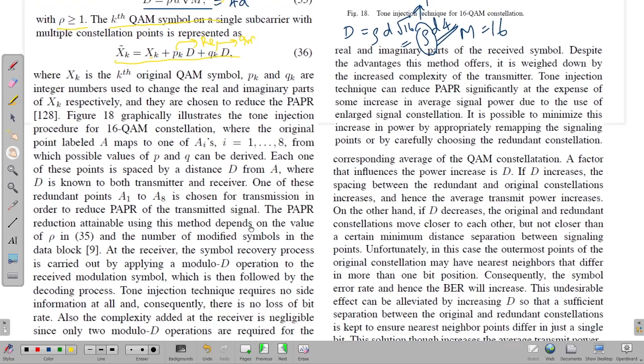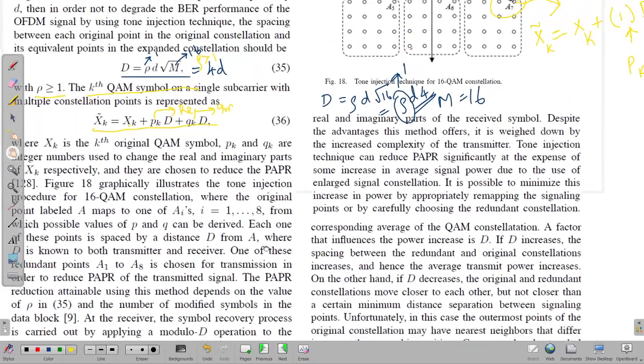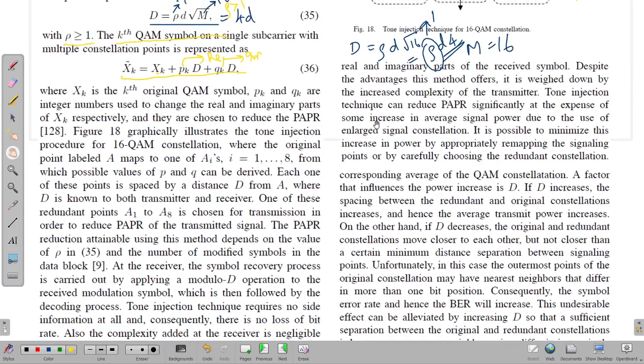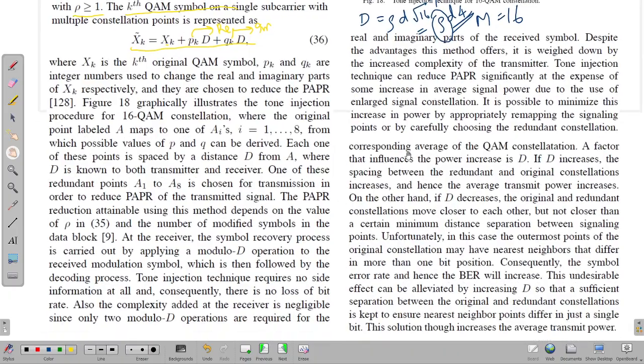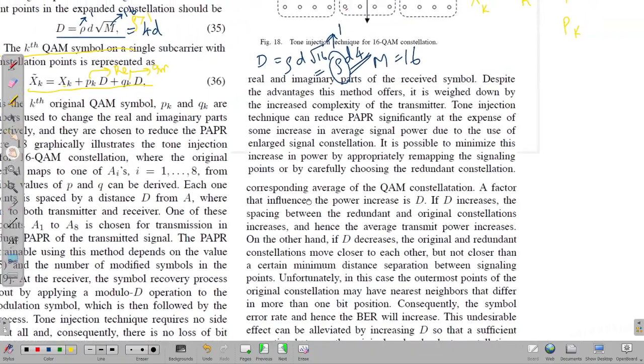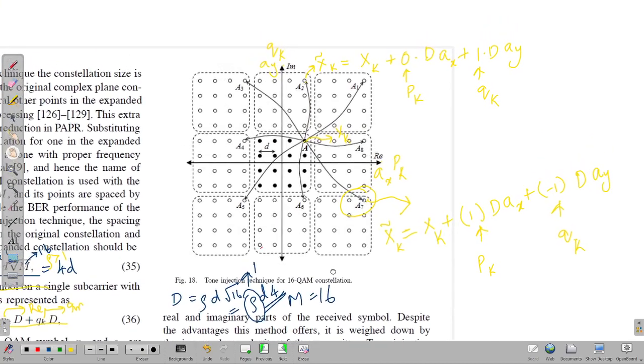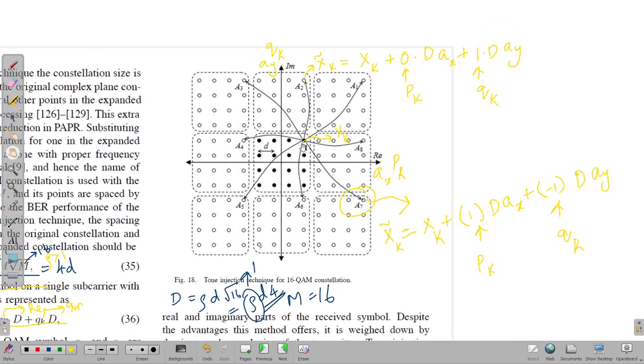Now, what are the advantages and disadvantages of this technique? The advantage is that there is no side information required to be transmitted. Before that, let me tell you the impact of increasing the energy of the original constellation point.